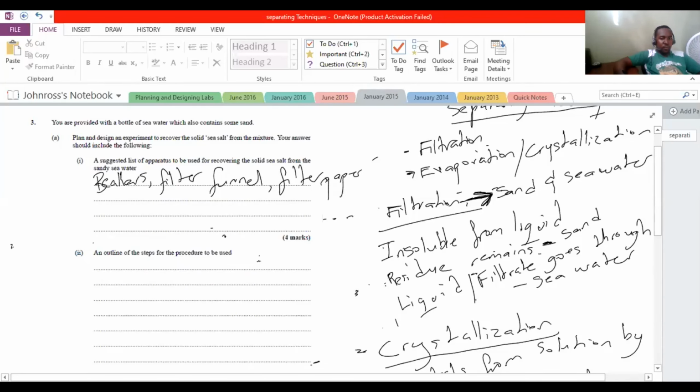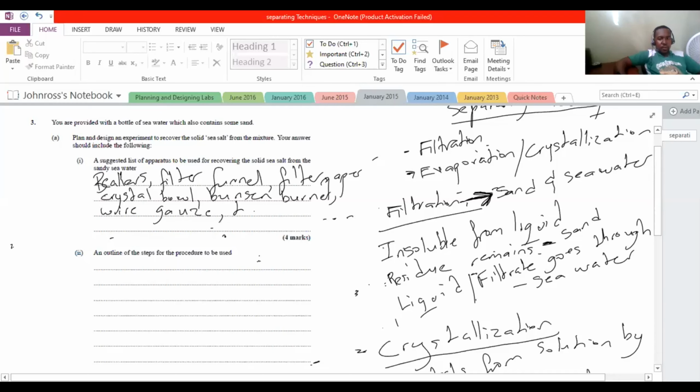A crystallization bowl. A Bunsen burner, so you need your heating apparatus. Wire gauze, and a tripod.